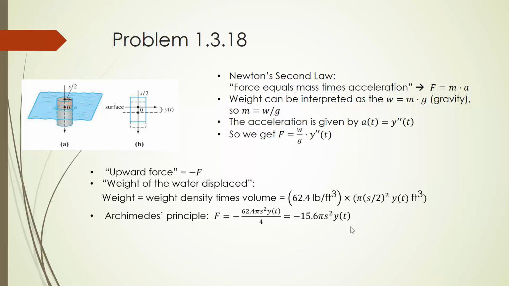And now the weight of the water displaced, we want to consider the weight. We have the weight density of water, and that's 62.4 pounds per cubic foot. And then we're going to multiply that times the volume of the displacement.